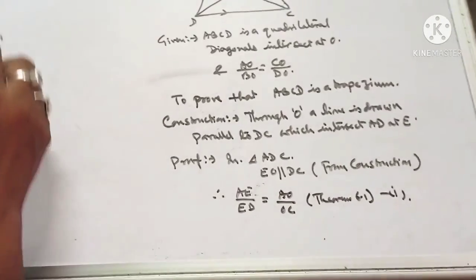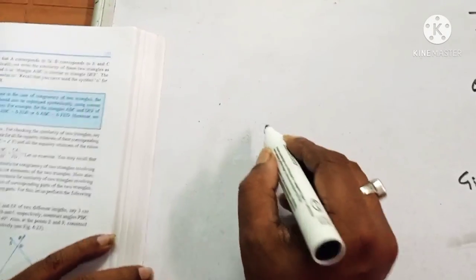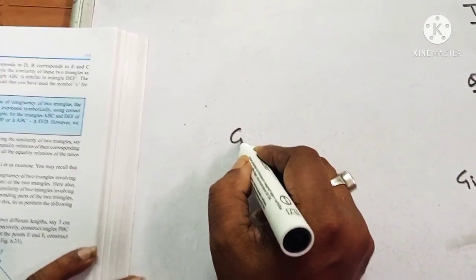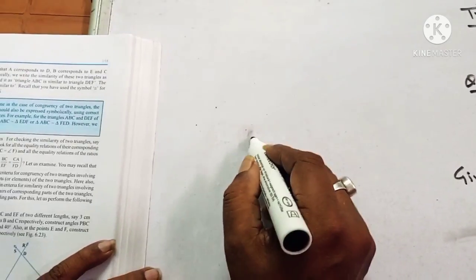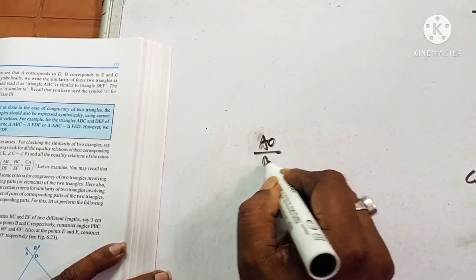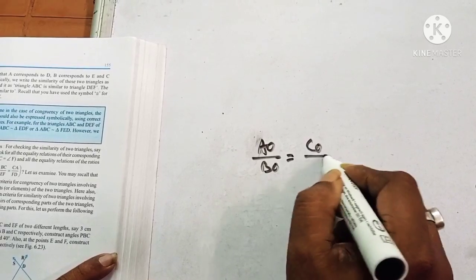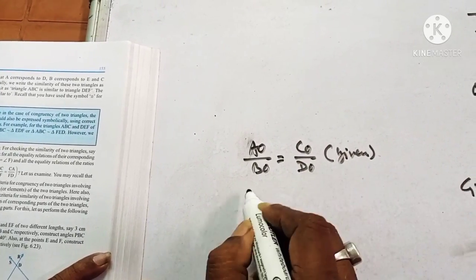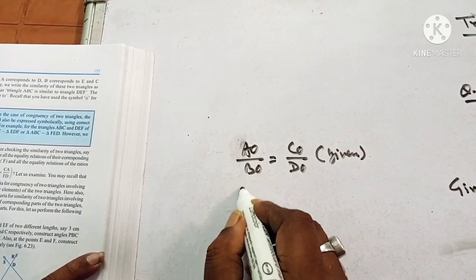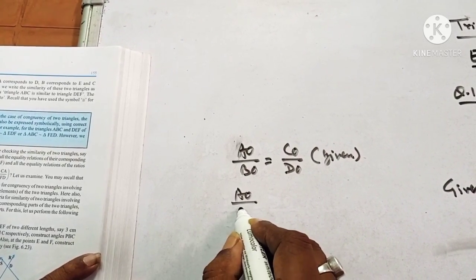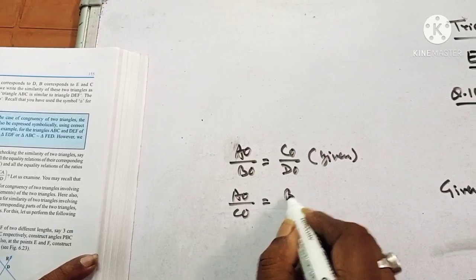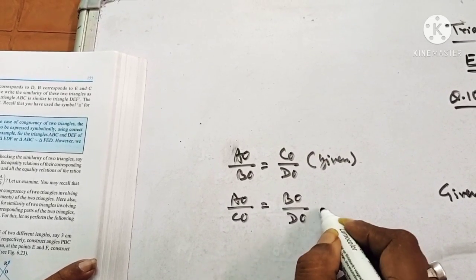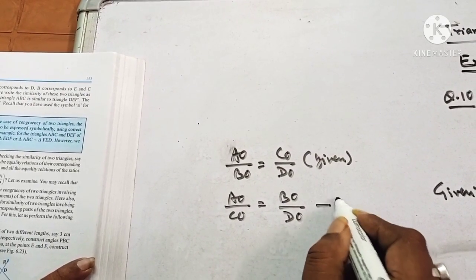Again, it is given to you that AO by BO is equal to CO by DO. So we can write this as AO by CO is equal to BO by DO. This is equation 2.